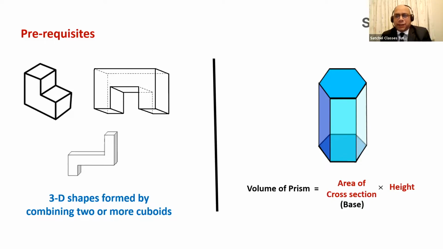It is the area of the cross section, which remains the same throughout. So you find the area of that shape and multiply by the height. The height of a prism is the dimension along which the cross section remains the same. With these two pieces of knowledge, we can now find out how to find the volume of any compound cuboid.